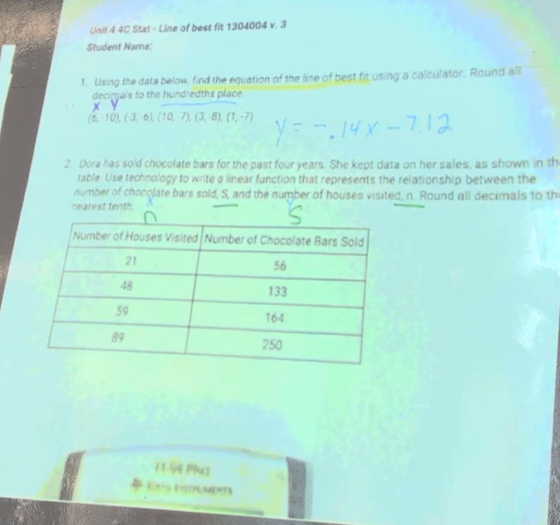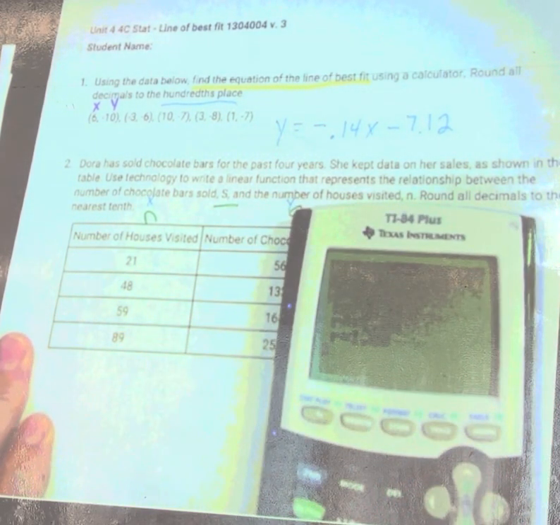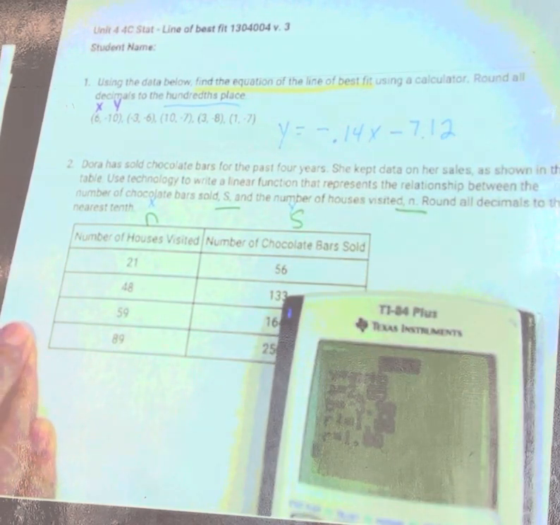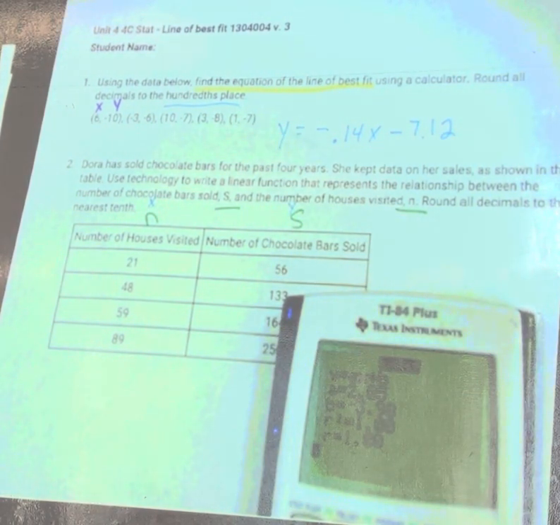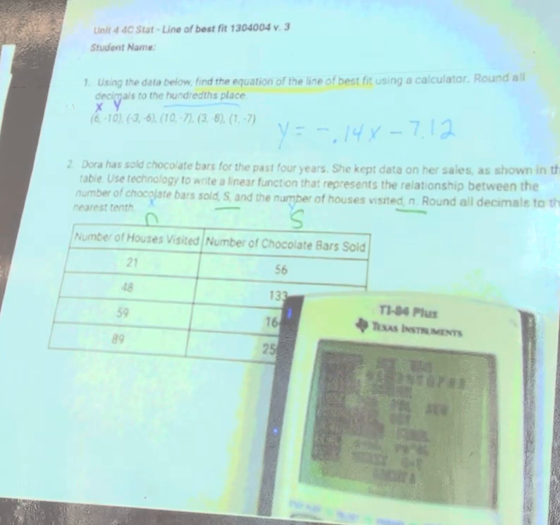And this time we're rounding to the nearest what? Tenth. I'm still at 100 hundredths, so if I want to round it to the nearest tenth, I go back to mode and change it from 2 to 1, and then go back up and grab it.